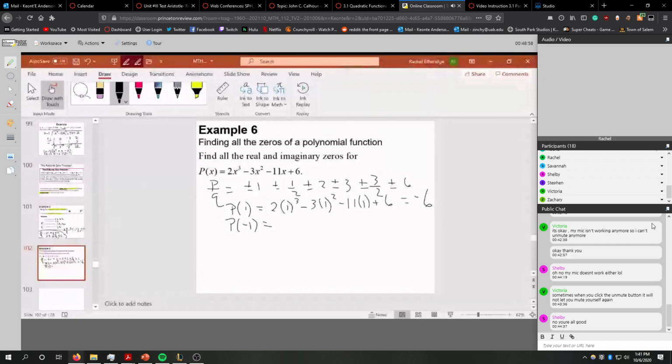I got 18 when I plugged in a -1, so that's not a 0 either. I'm going to skip the 1/2. I may have to come back and use the 1/2, but if I don't have to, I'm not going to. Next I'm going to try the 2.